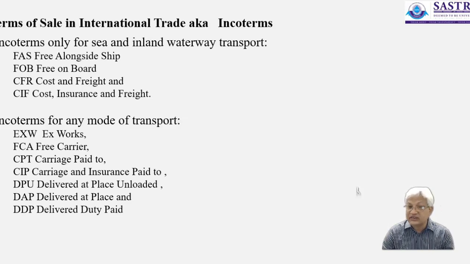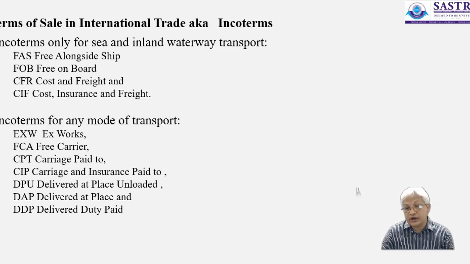So with E starts X-Works. If you group the Incoterms with the alphabet beginning with C, then we have CPT, CIP, CFR and CIF. Then we have other terms starting with D, that is in front of you, DPU, DAP, DDP, and then F, which is FCA, FOB and FAS.